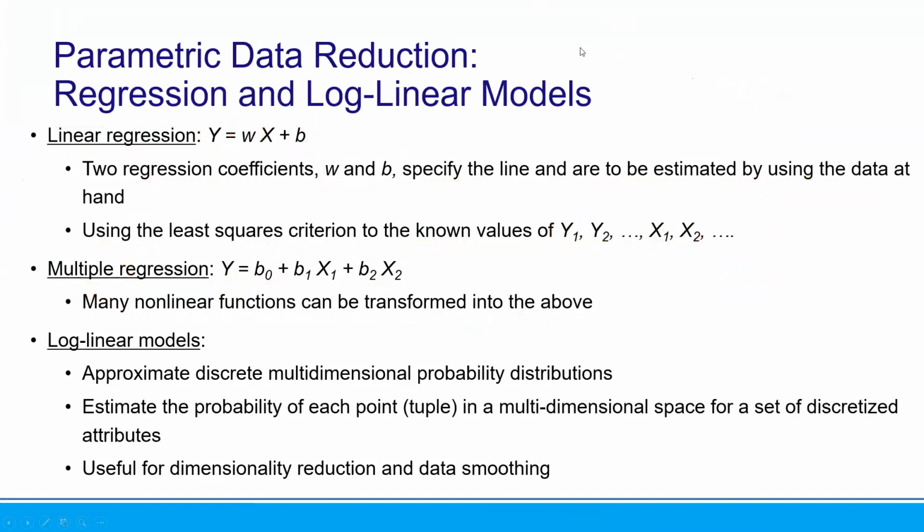So the non-linear, we can have the function like y equals b0 plus b1 x1 plus b2 x2 to the power of 2. Okay. So it is non-linear because the x is quadratic.